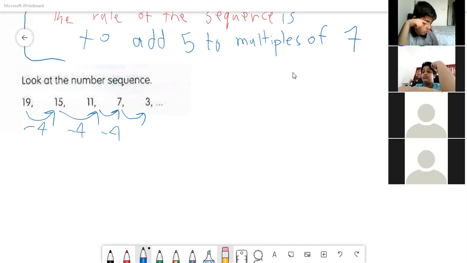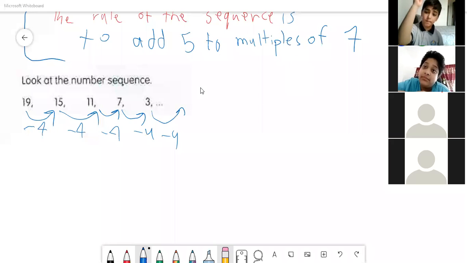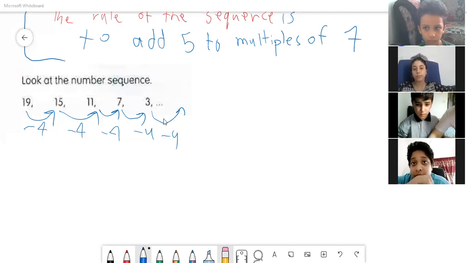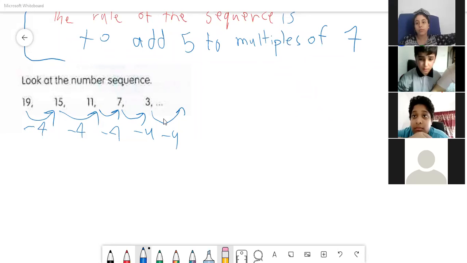So we can continue with this sequence by subtracting what? Subtracting 4 each time. So what's going to be the next number? Raise your hand using the raise hand button. Nur Yusuf? -1. Okay, -1. What will be the next number if we continue with the same sequence?